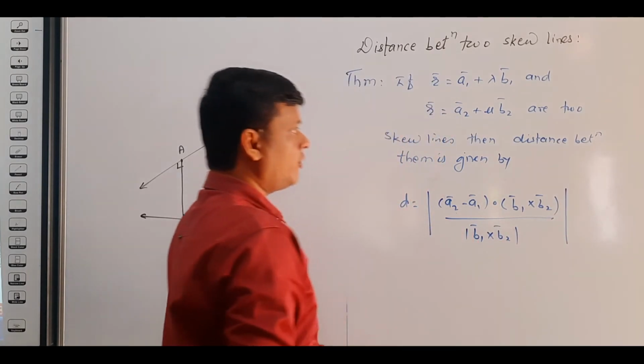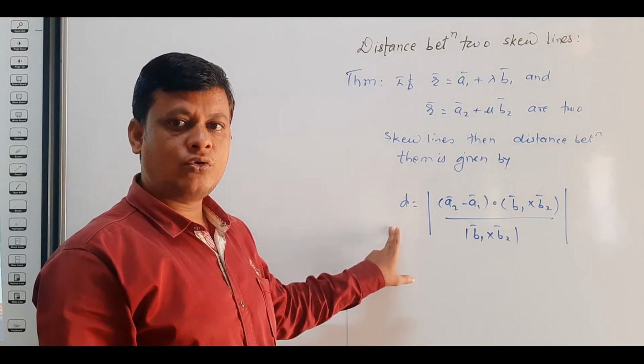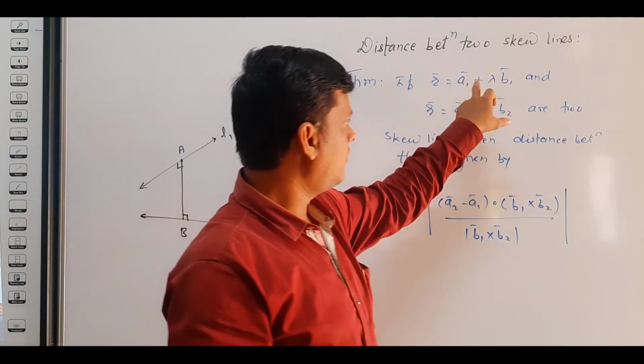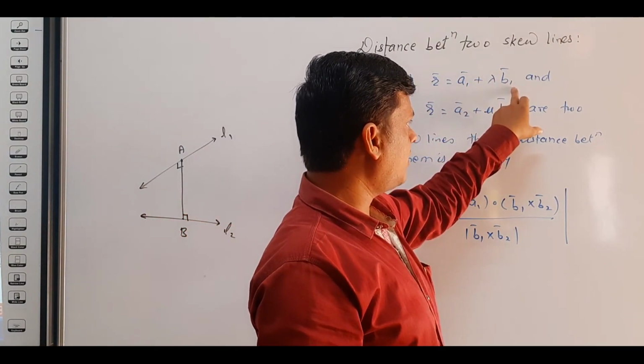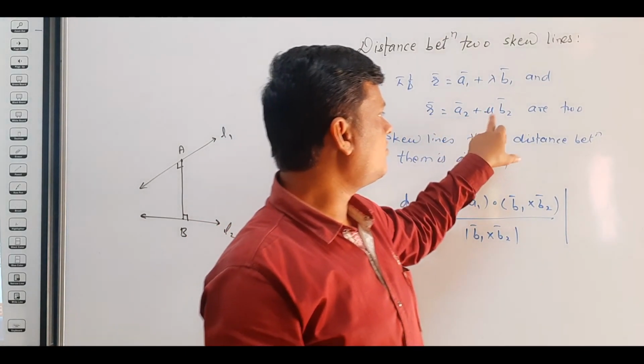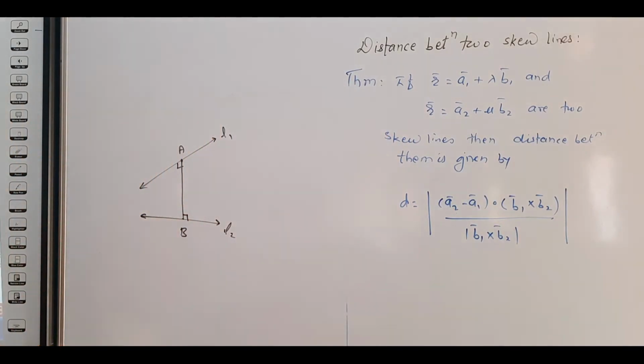So using this formula we can find the distance between two skew lines, if the given lines are r bar equals a1 bar plus lambda b1 bar and r bar equals a2 bar plus mu b2 bar.